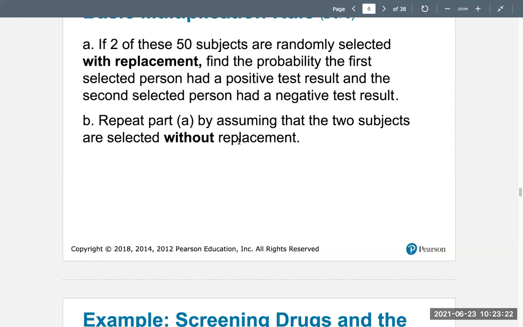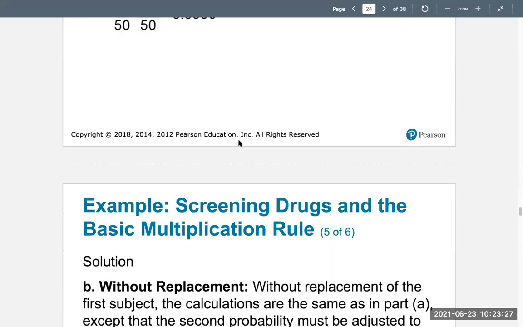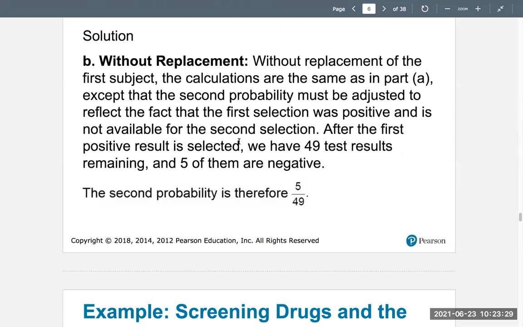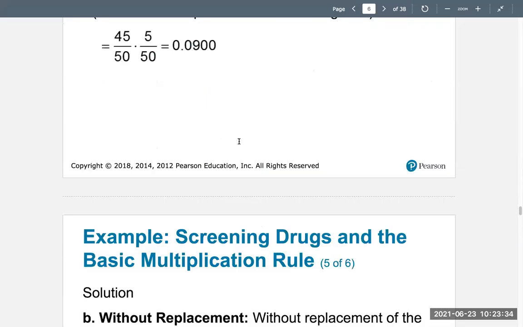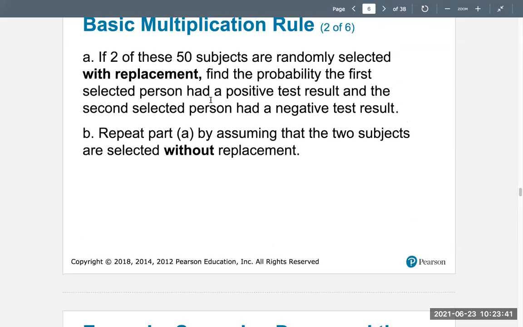Repeat part A. Oh yeah, you're repeating part A. So you would say drawing 1 positive test result and then the next one to be negative test result, but without replacement. So positive test result is 45 out of 50.